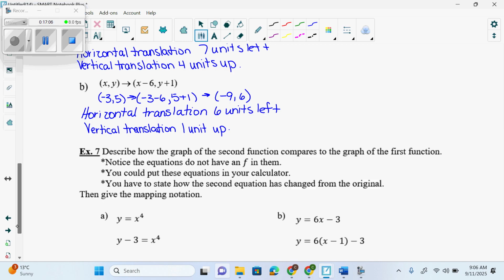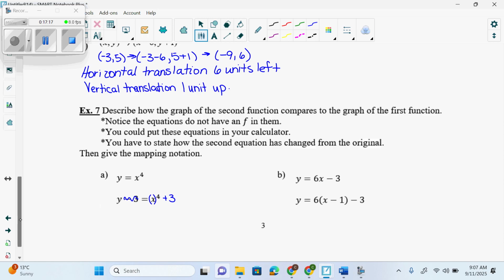This one, if I add that 3 over, is that with the x? The x is here. Is that with the x? No. So that's a vertical translation 3 units up to this quartic function, and only this quartic function, because I'm applying it to the quartic function, correct? I could put both equations into my calculator and look at what happens.